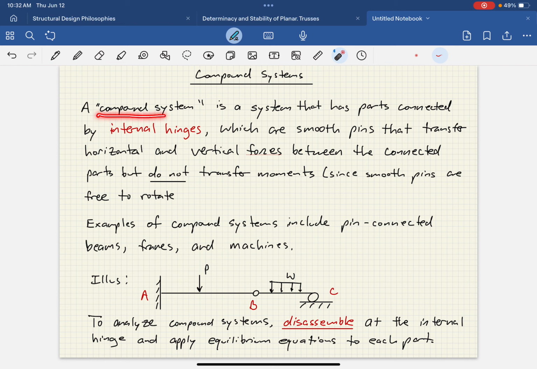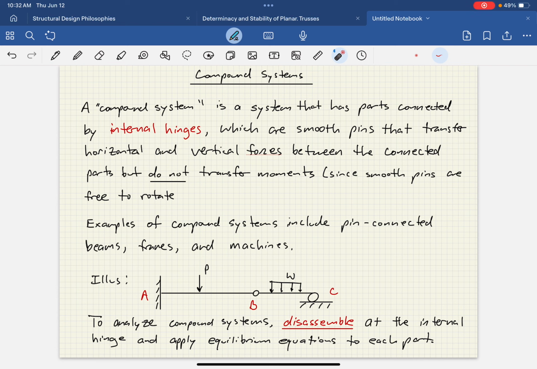A compound system is a system that has parts connected by internal hinges. Now you might be thinking, well, wait a second, Dr. A, that sounds a lot like a truss. Well, a truss system, like we talked about in some other videos, is a bit different.